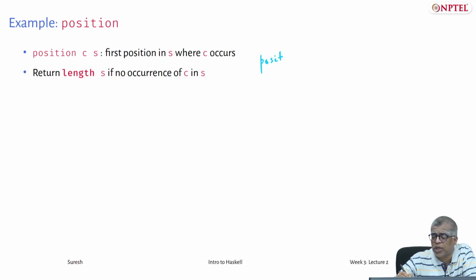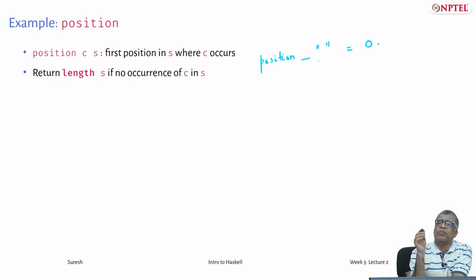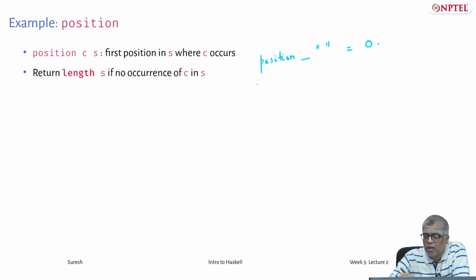We would say position of anything in empty string is 0, and this is fine because empty string does not contain any occurrence of any c or anything else, and the length of empty string is 0. Okay, so we have done this.